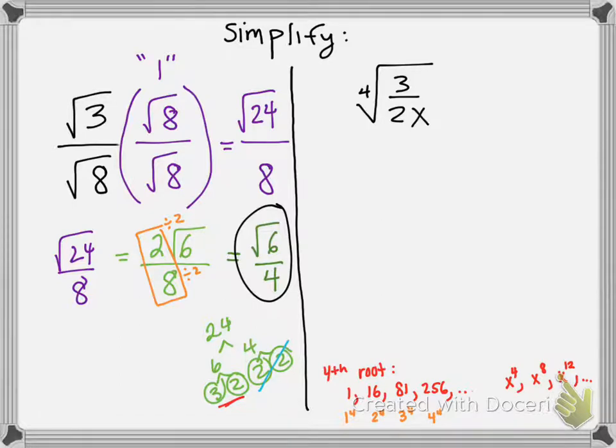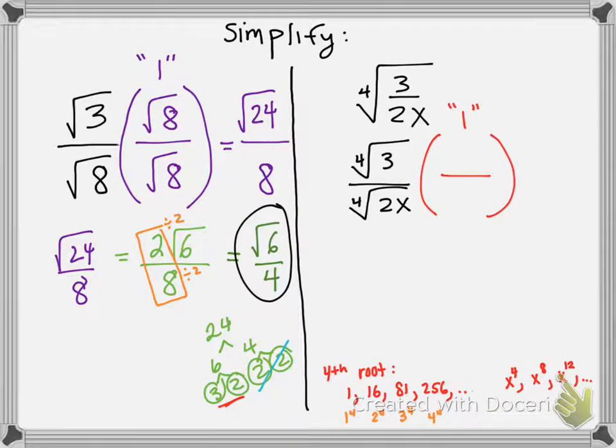So for this next one, we're taking the fourth root of 3 over 2x. I'm going to rewrite this as two separate roots: the fourth root of 3 over the fourth root of 2x. Our goal is to get rid of the root in the denominator. So we're going to multiply by 1, so we're not going to change the actual value, but I need to multiply the fourth root of 2x by something that gets me back to a whole number.